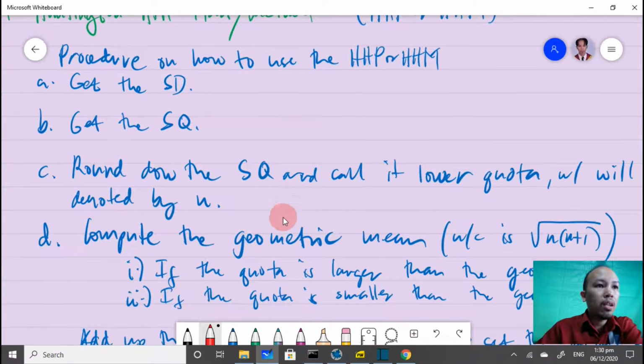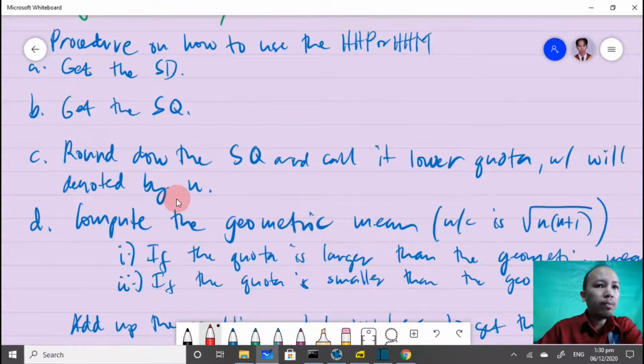Then in step 3, you are going to round down the standard quotient and call it the lower quota.